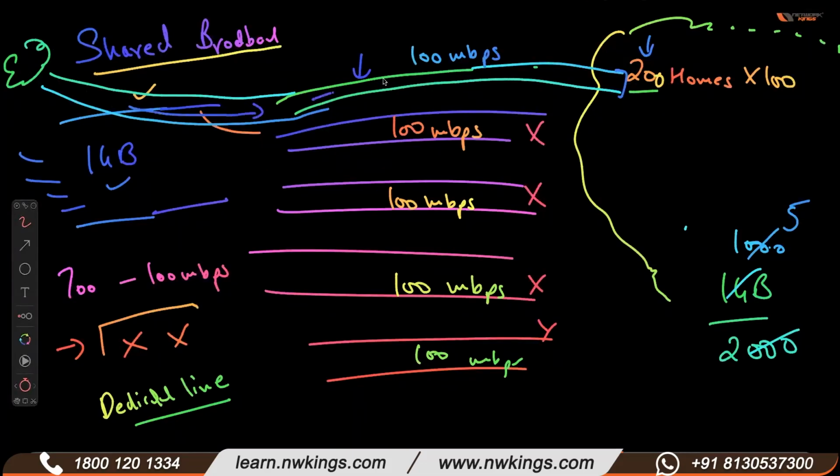No one will enter this pipe. It means you will be getting proper flow, maximum 100 Mbps. So you will never have bandwidth less than 100 Mbps. But in shared bandwidth, if your neighbors are using internet, you are definitely going to have issues. Got it?